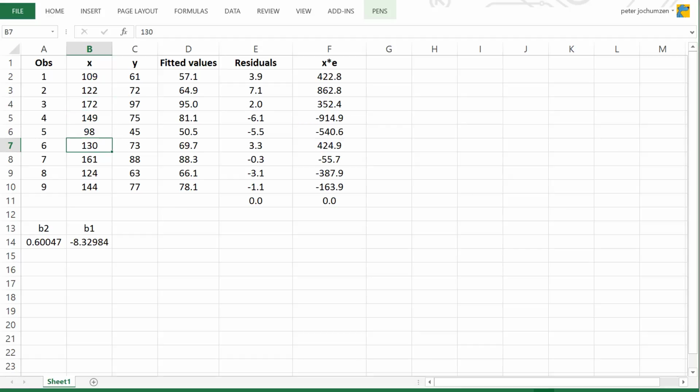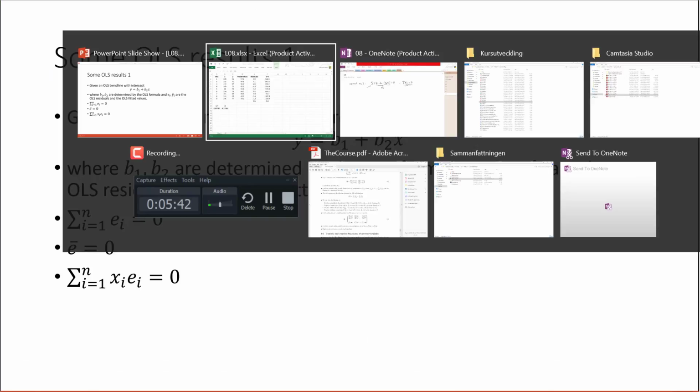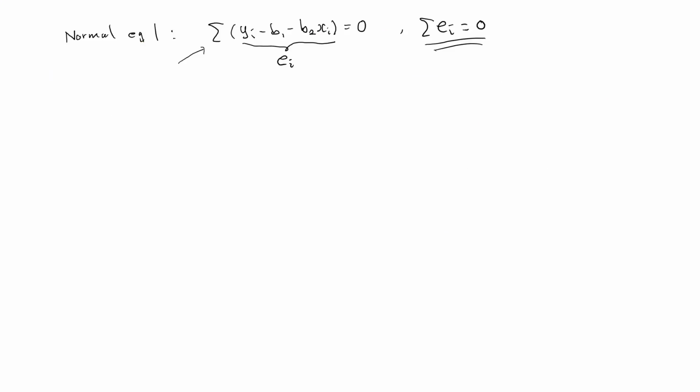How do we prove this? If you're thinking that didn't we have two normal equations, and perhaps it's the second one, you will be completely right. So normal equation 2, that was this one: xi, and again the parenthesis is simply ei.